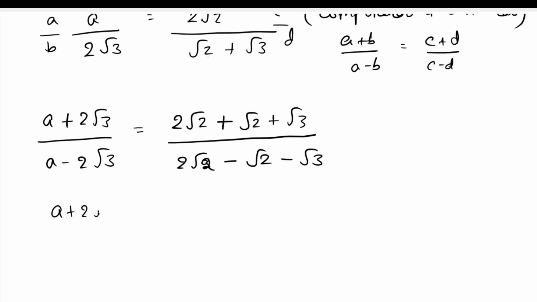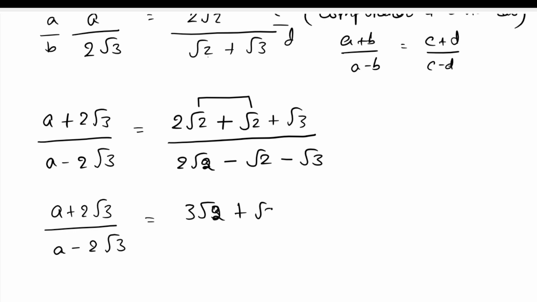A plus 2 root 3 divided by A minus 2 root 3 is equal to, here this 2 root 2 and root 2, I'm adding it. So I'll get 3 root 2 plus root 3 divided by, and in the denominator, this 2 root 2 and minus root 2 will get root 2 minus root 3.